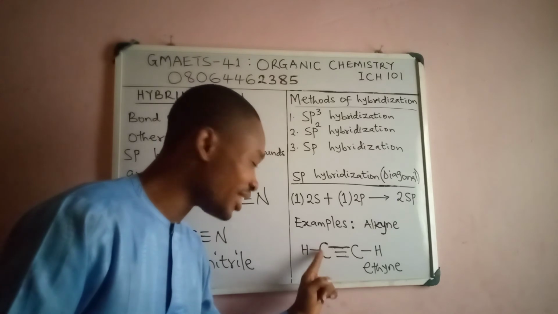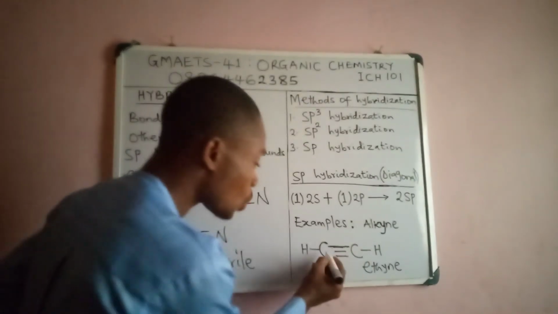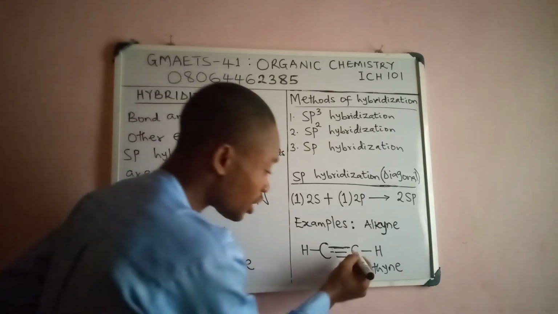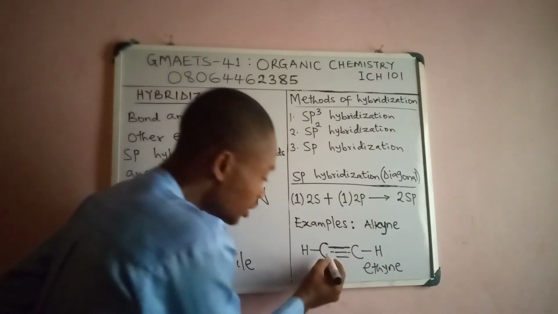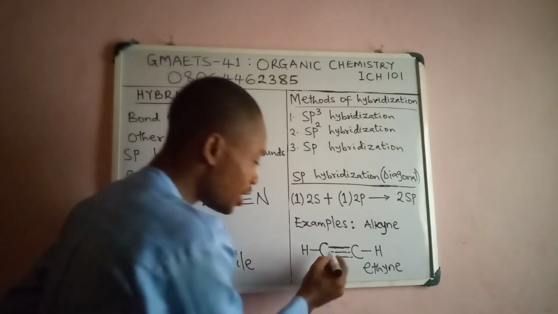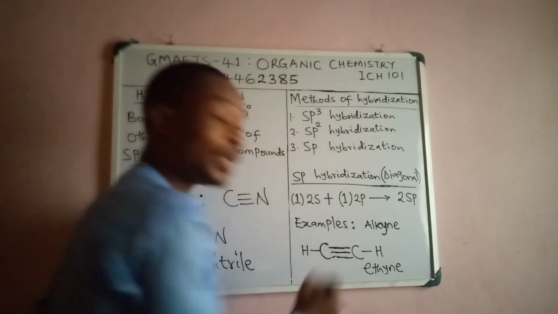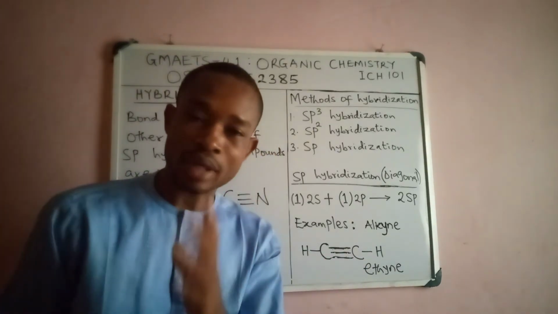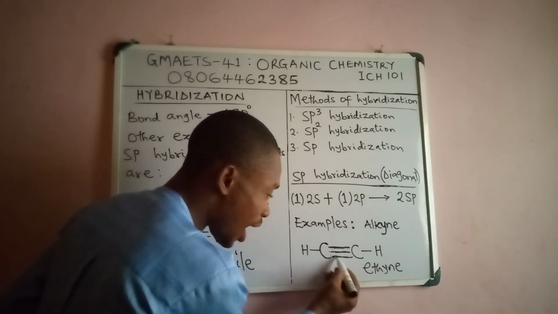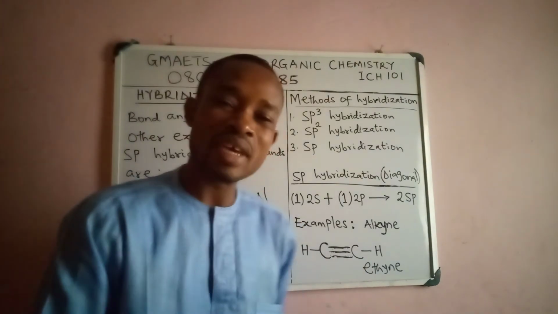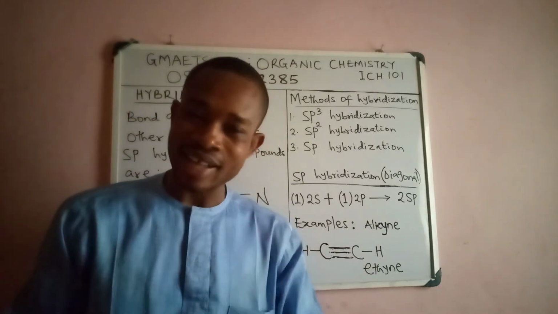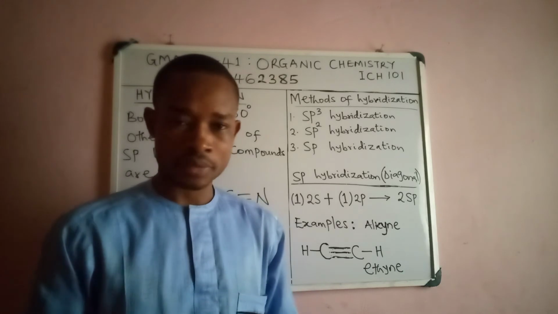So during the catenation of this carbon to carbon, this one will donate 1 of its unhybridized p orbitals, this will donate, this will also donate the second unhybridized orbital, and they will overlap laterally to give you what? The pi bond. So do you see here we have 2 pi bonds. These 2 bonds are formed from pi bonds, making alkynes very much susceptible to electrophilic attack addition reaction.